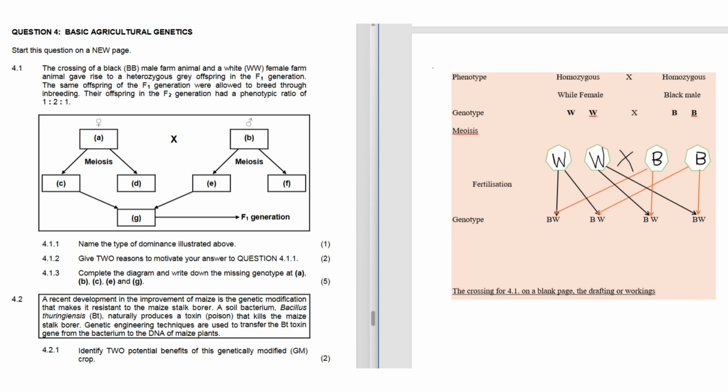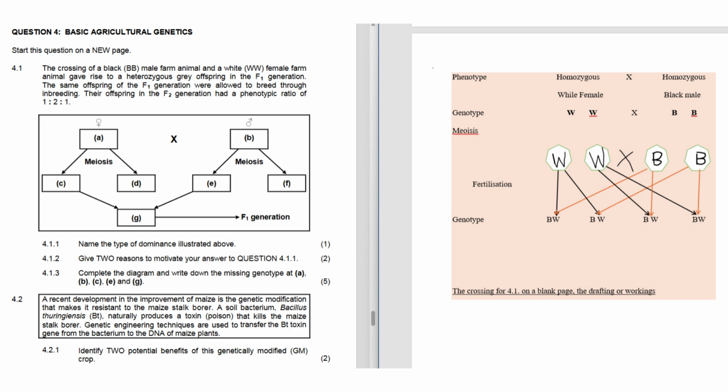After gamete formation during meiosis, it goes through the process of fertilization. Then in the first cell generation, you have the genotype G, which is BW, BW, BW, BW. They are all BW, which means they are all heterozygous offspring.